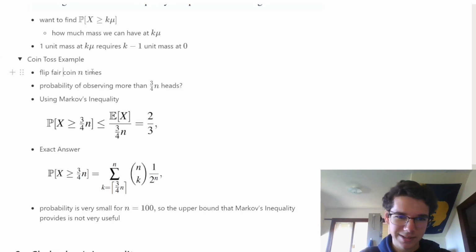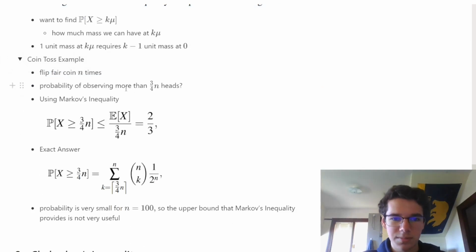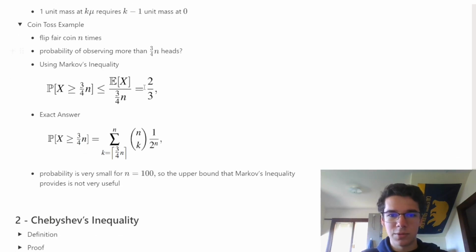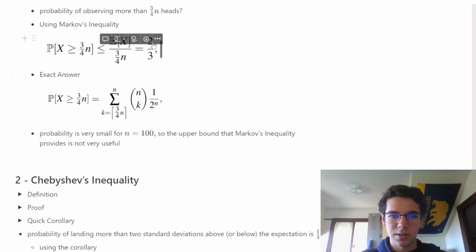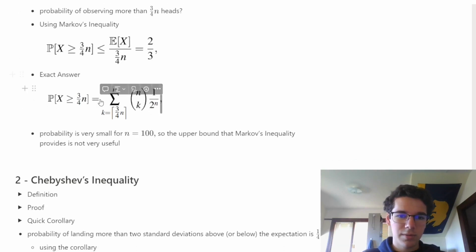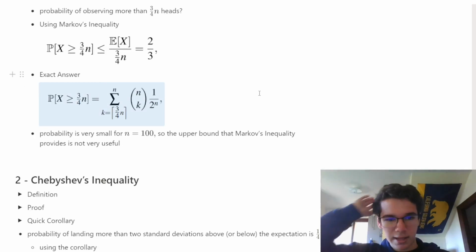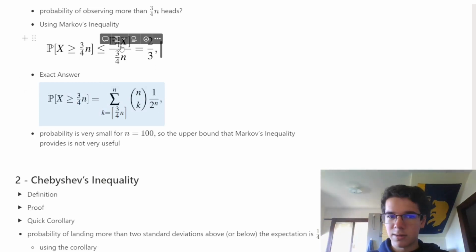Okay, let's go into an example. Let's say we flip a fair coin n times. We want to know the probability of observing more than 3/4 times n heads, and we're going to use Markov's inequality. Plugging in, we find that Markov's inequality tells us it's 2/3, but if we use a formula to determine the actual answer, the probability is nowhere near 2/3.